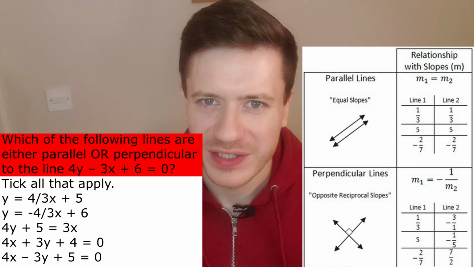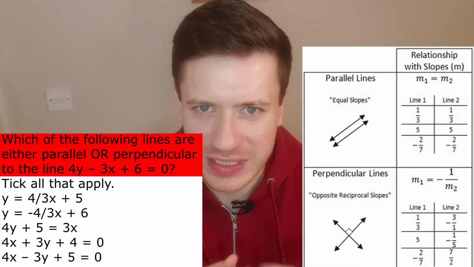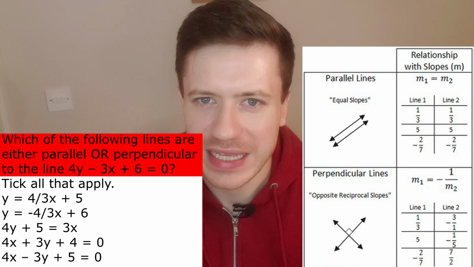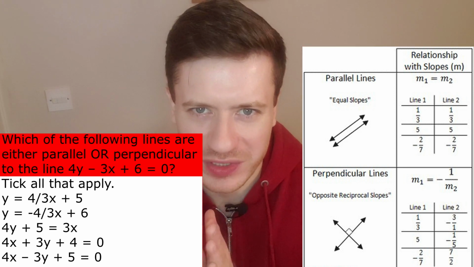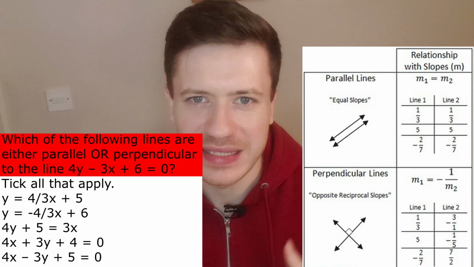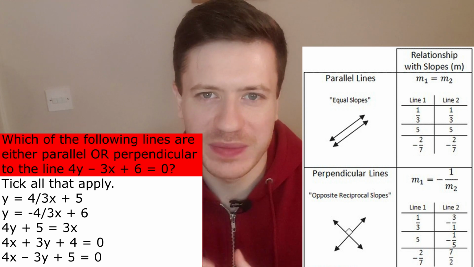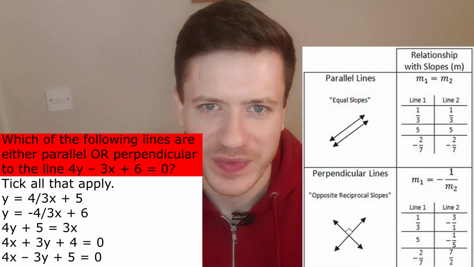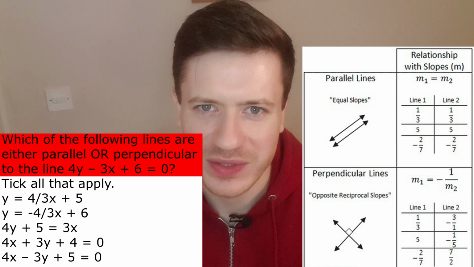Before you get started, you might have realized that you're going to have to rearrange each of these equations, if they're not already in that form, into the form y equals mx plus b. Once you've done that, look at the m's, and if they're the same, it means they're parallel to our original line, and if they're the negative reciprocal, they are perpendicular. So pause the video, have a go yourself. If you can't do it, I'm now going to explain.